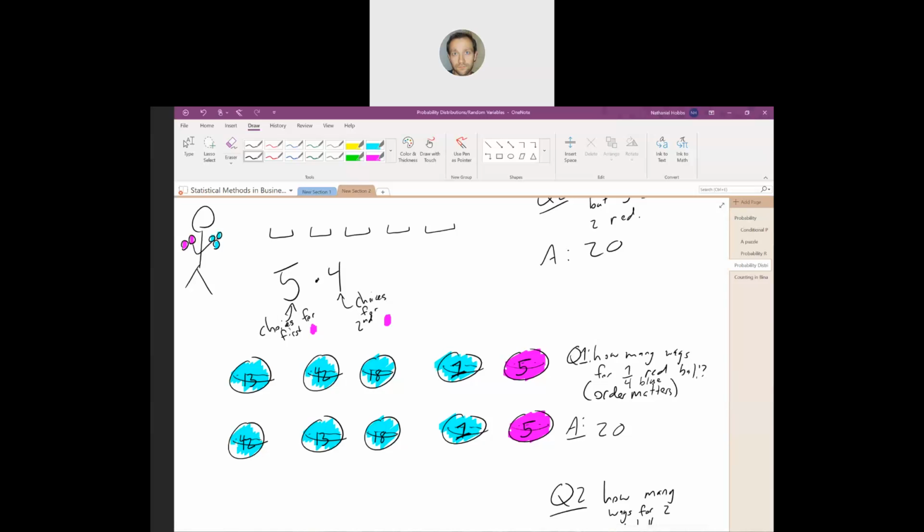Oh, you say that the numbers matter, but the colors don't? The colors and the numbers. It could be, you're right. If you had 2 balls with the same number, then you might think that maybe. But in this case, all of the numbers are different. So how many different ways can you order these 5 balls?